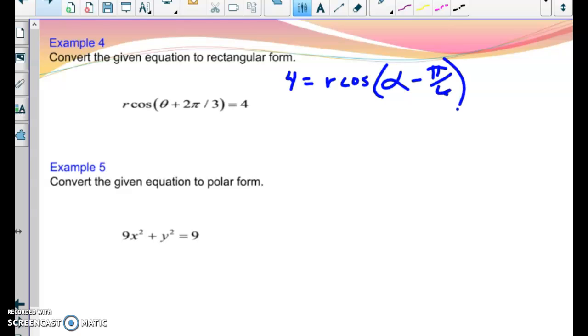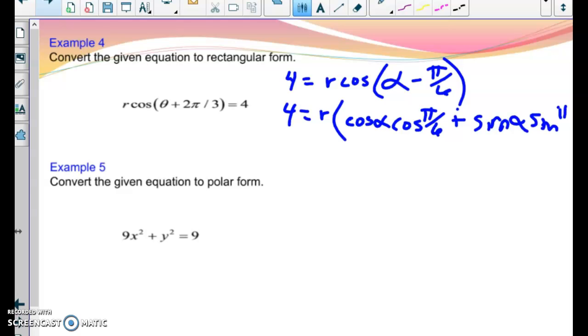And that would be a cosine difference formula, so I'm going to put r in front, and I'm going to say that's cosine plus, because the cosine's opposite, sine, and then simplifying, I might just simplify this one down. I didn't simplify the other one, but I think I'll do this one.